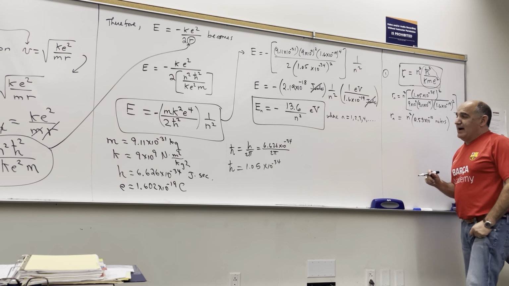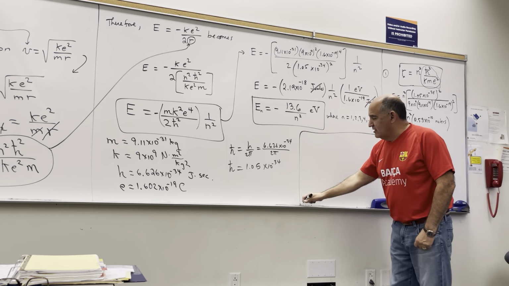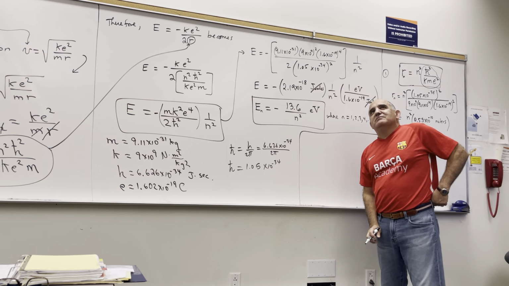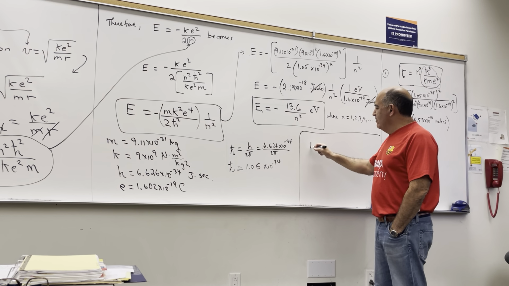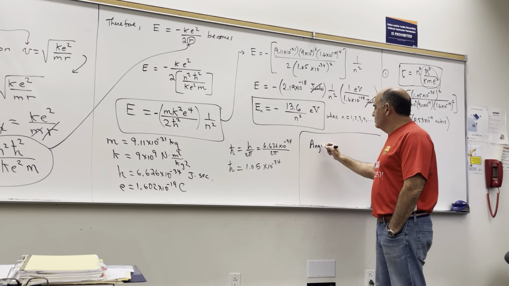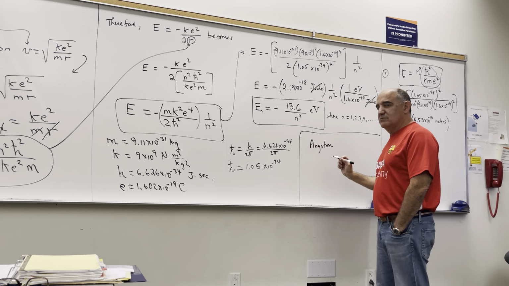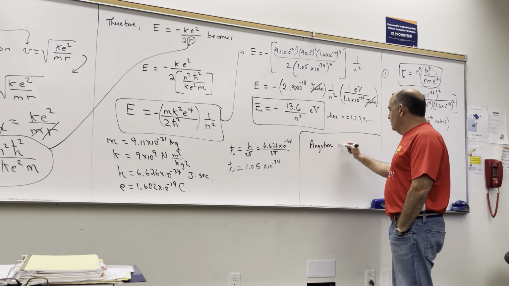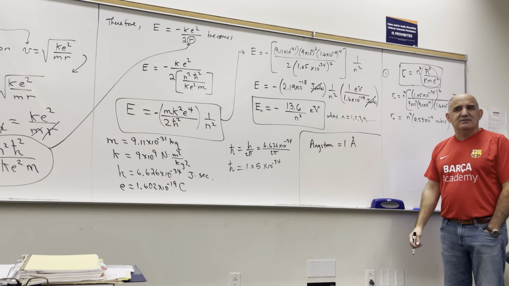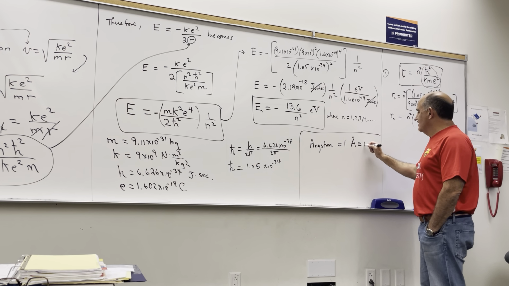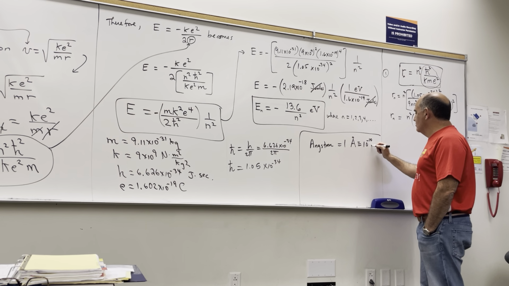There is one unit that people don't use anymore. Have you heard of the angstrom? The symbol is like that, 1 Å. This is defined as 10 to the minus 10 meters.